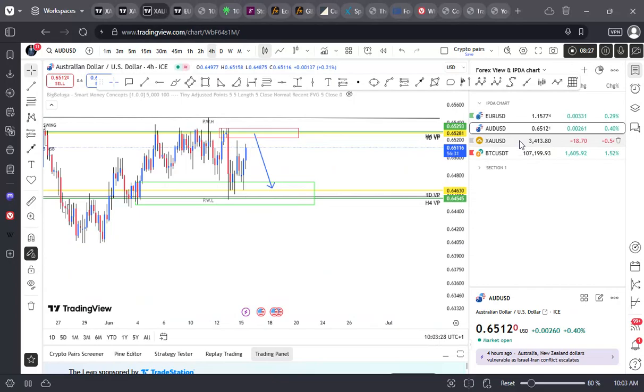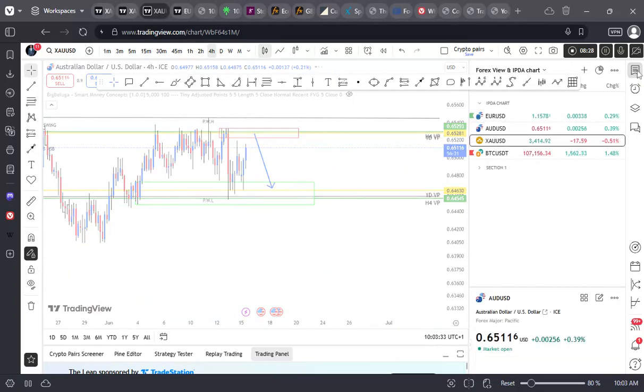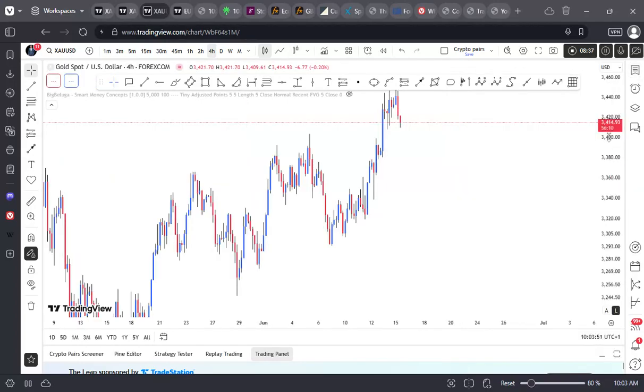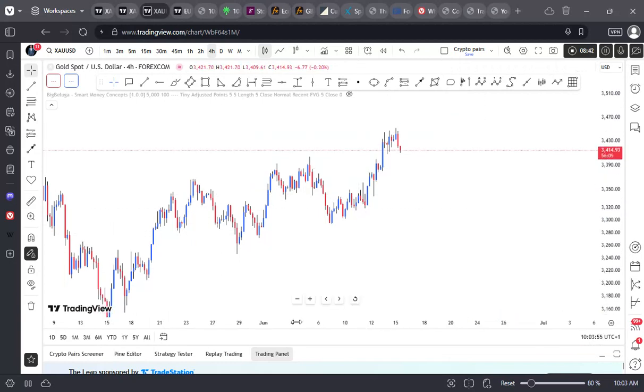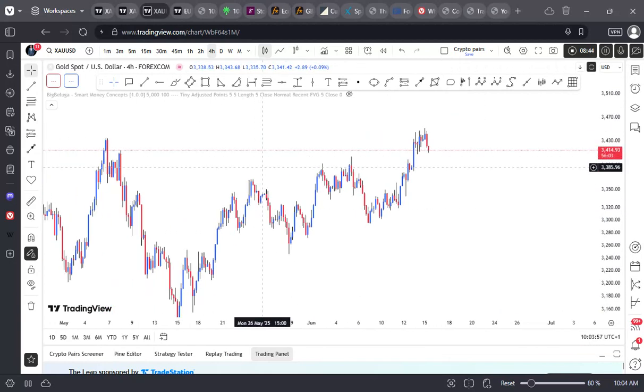Then the next is XAUUSD. For XAUUSD, our forecast for last week is loading.